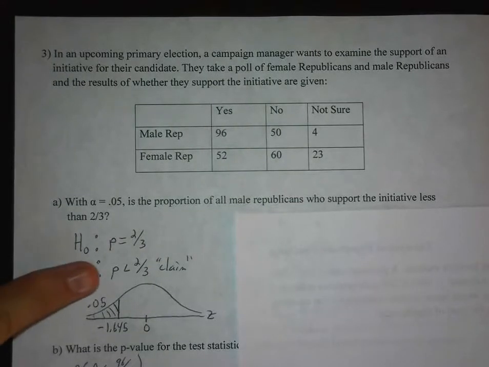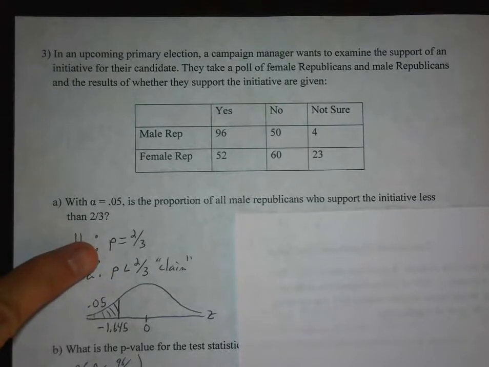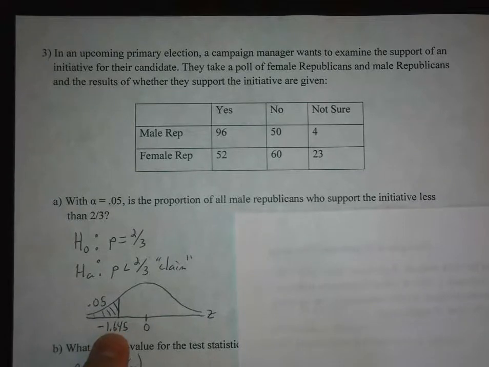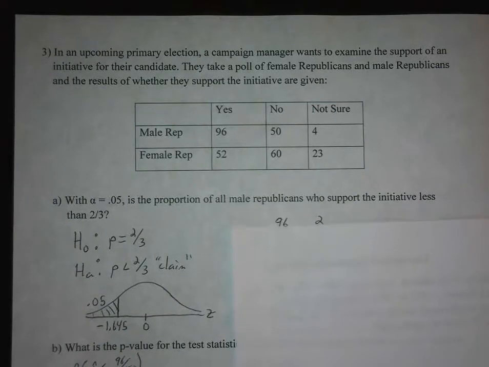Okay, so P is less than 2/3, that's the claim, so there's the alternative. P equals 2/3 will be the null. With alpha 0.05 with a left-tailed test, gives you a z star value of negative 1.645, so there's your rejection region. Calculate your test statistic.